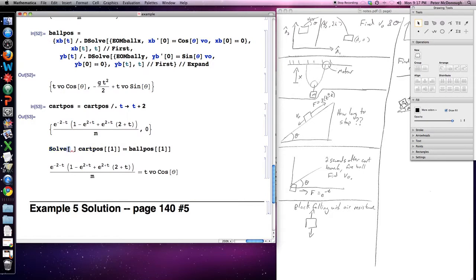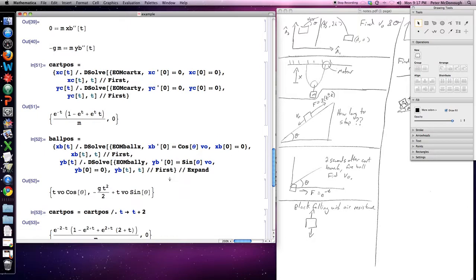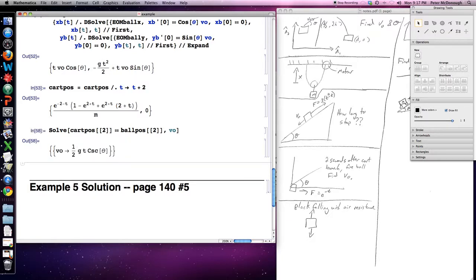So solve this for v naught. We get a result there. All right. So and we've got to see if we've got some symbolic errors here. Cart post is equal to ball position, solve for v naught.